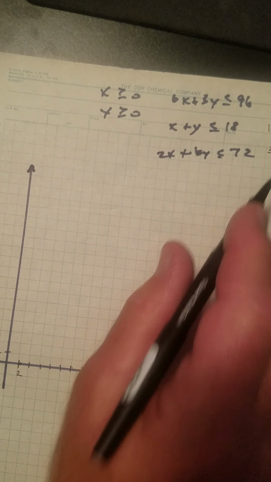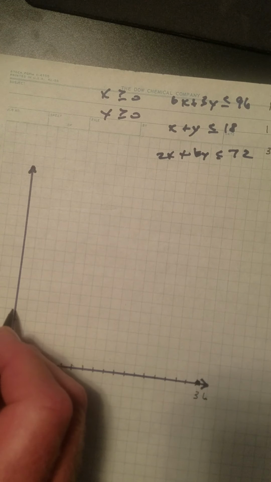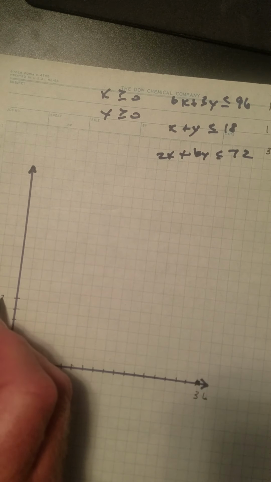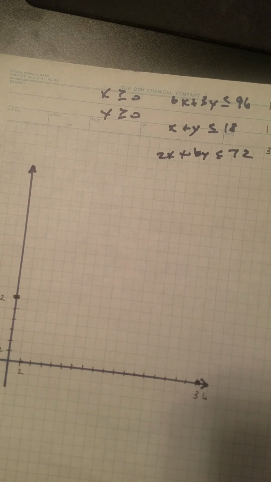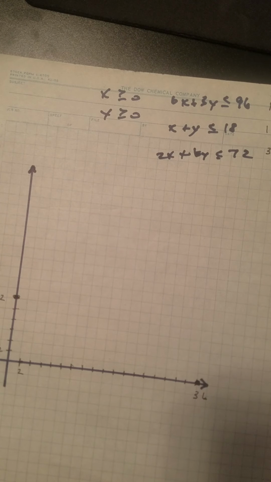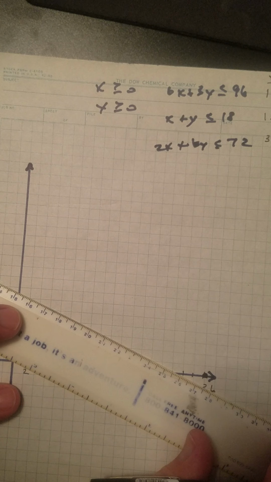Let's start with the bottom line. 2, 4, 6, 8, 10, there's 12. So if we're going to graph that line, get a bigger ruler.